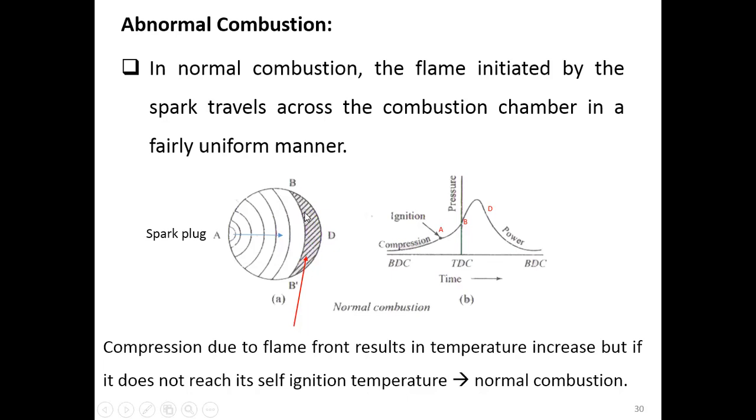This temperature increase comes not only from the mechanical compression, but also from the compression due to the flame that comes behind. So the temperature in the flame front in this region can be increased because of this.